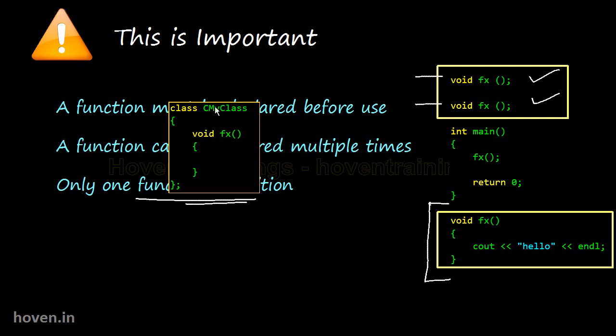Let me next take the situation with class definitions. This is a class definition. The name of the class, a function inside the class. The definition closes here. This definition has functions also.